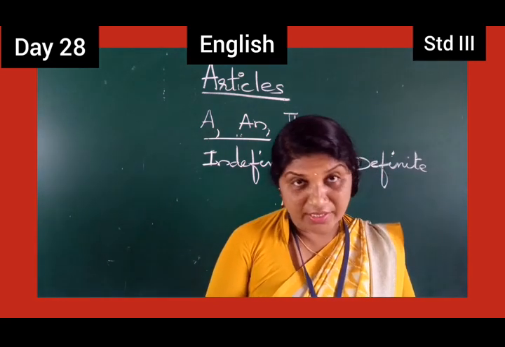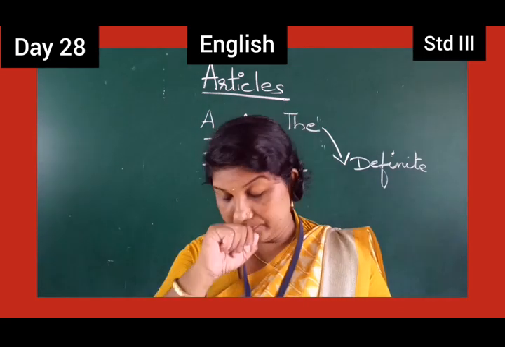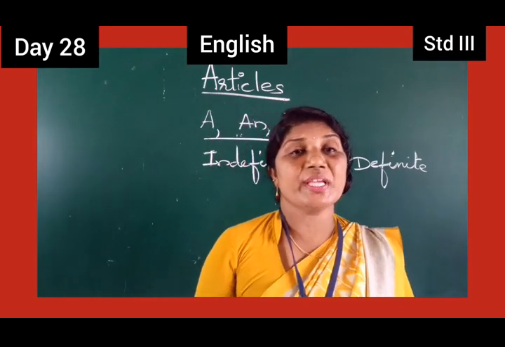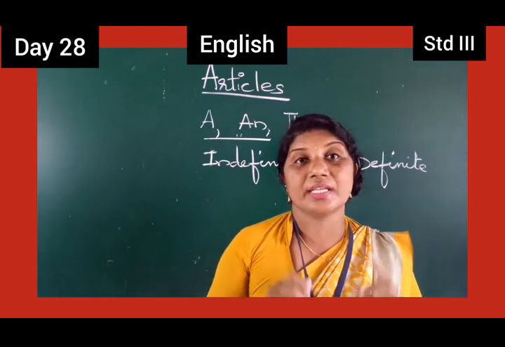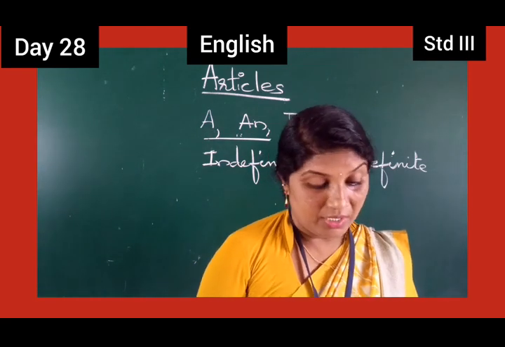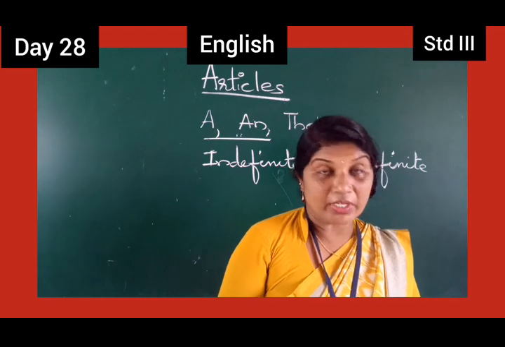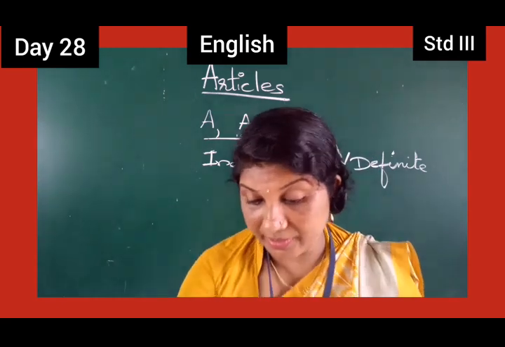Okay. Then children, all of you say, how many letters are there in the English alphabet? There are 26 letters in the English alphabet.